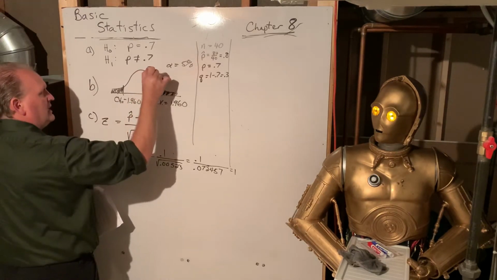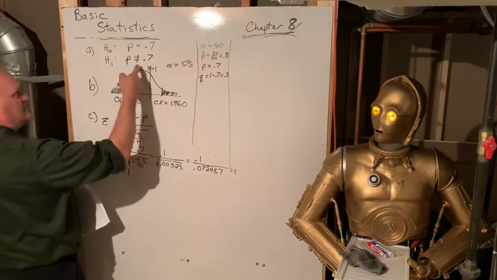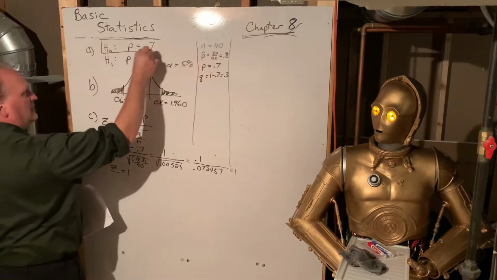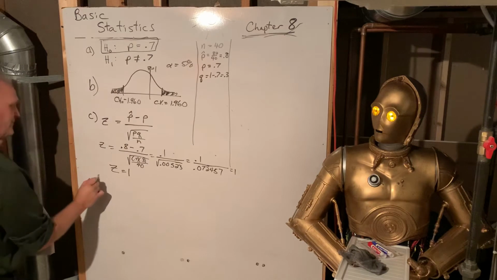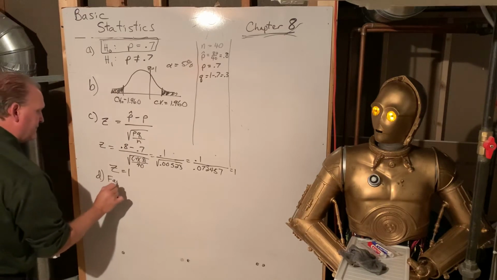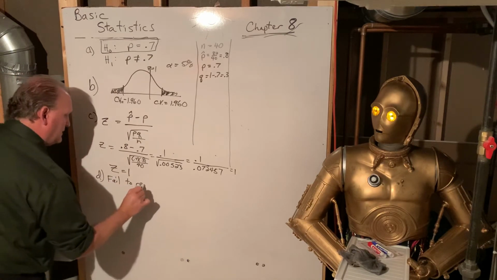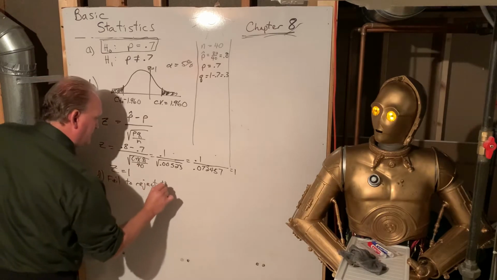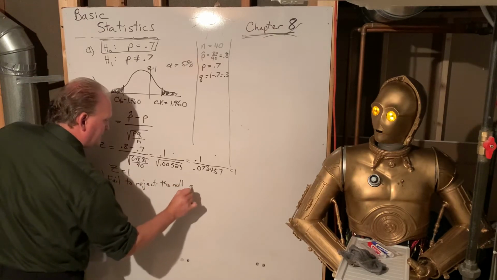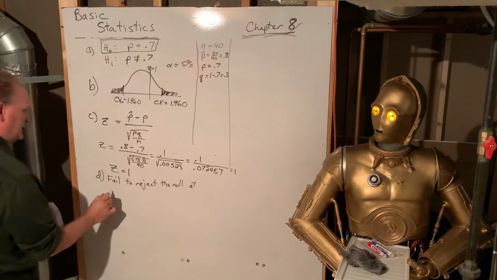1 is in the unshaded area, which means we fail to reject the null at the 5% significance level.